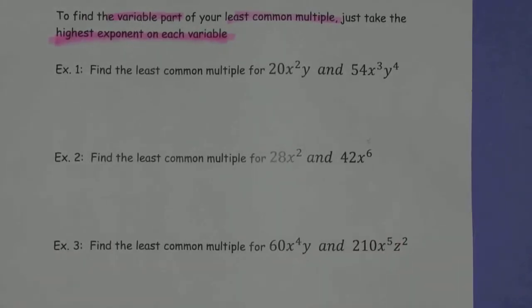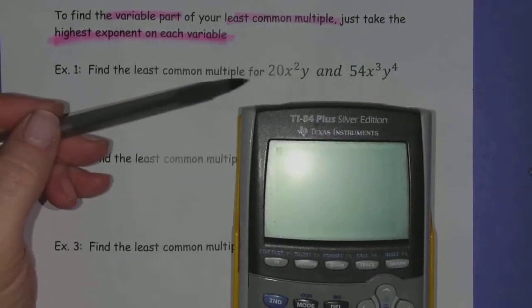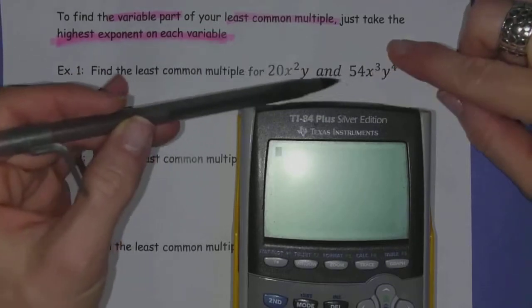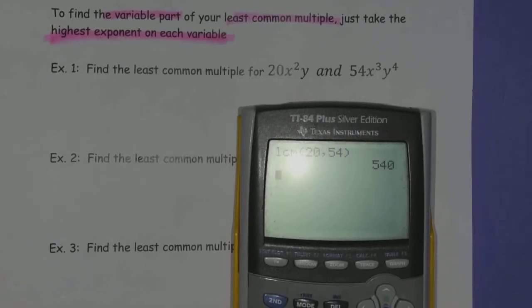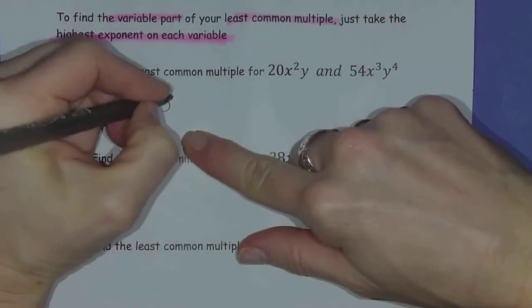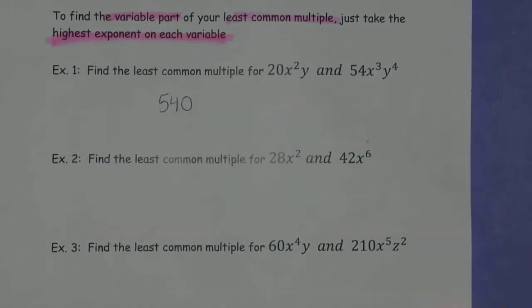So check this out. Let me clear this. For the 20 and the 54, which are the numeric parts here, I'm just going to do math, num, 8, 20, comma, 54. And I'm getting 540. Okay, 540. Now, the variables.